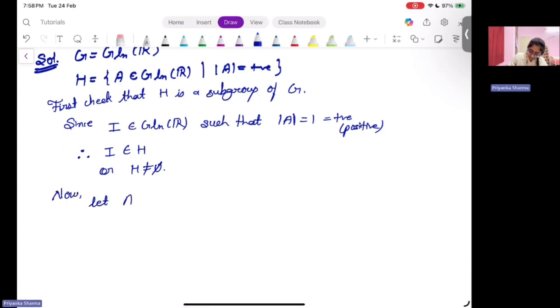Now let A1 and A2 belong to H. Therefore, the determinants of A1 and A2 are positive.